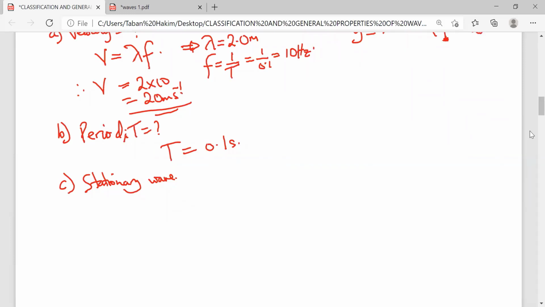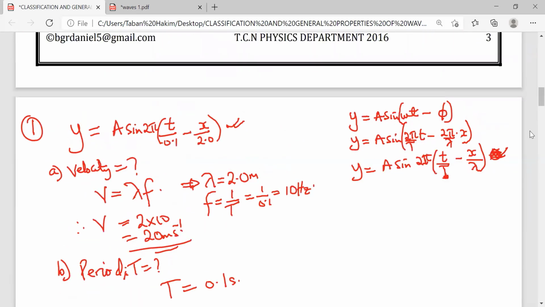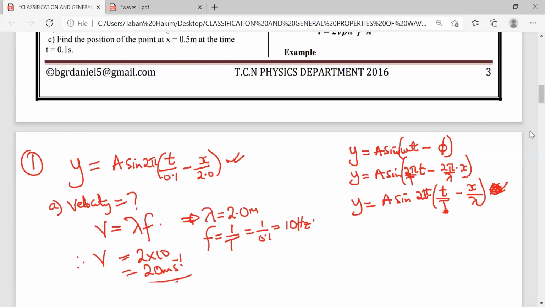If the two waves are moving in opposite directions and they meet, we expect to form a stationary wave. Those two waves must have the same frequency and the same wavelength. To form a stationary wave in this case, it is very simple: we look at our equation, and where there's a minus, simply make it a positive.